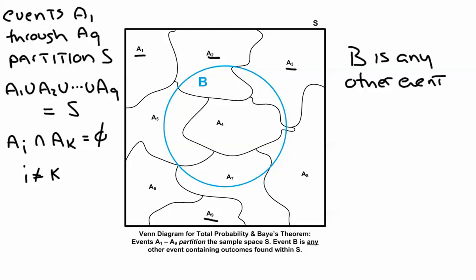All right. So let's write down some true statements, referring back to the previous figure. Event B can be written as B intersect the sample space.